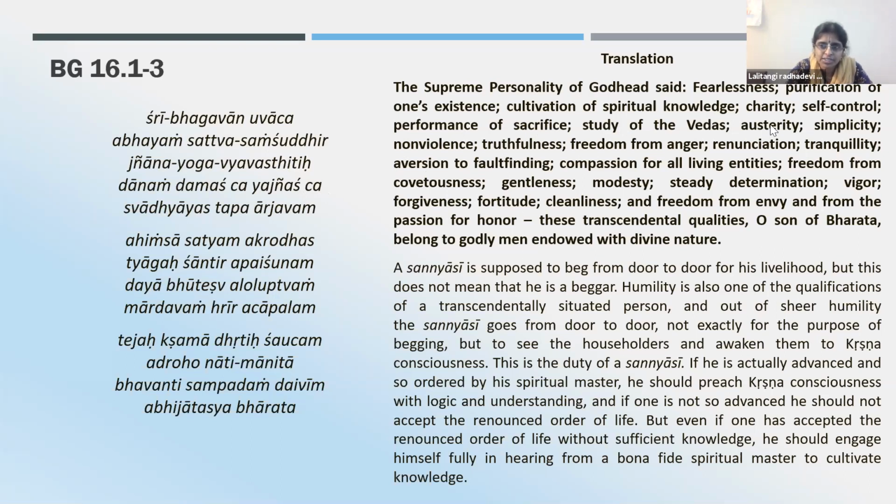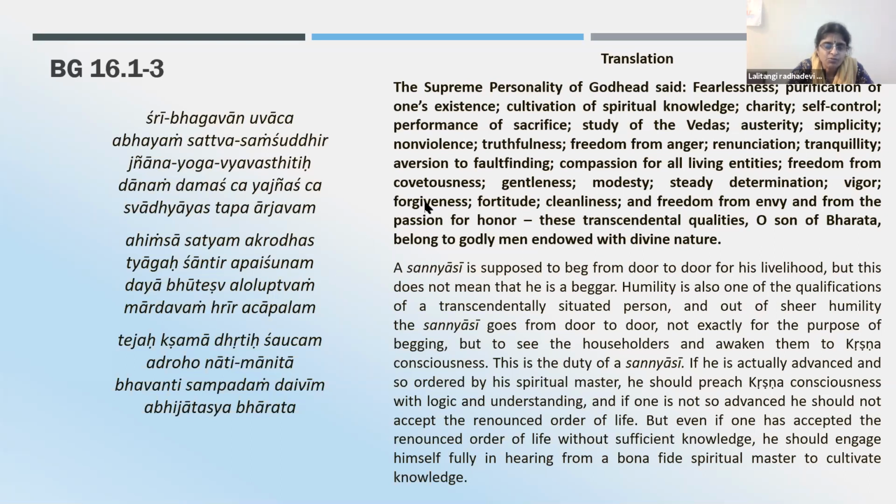Tapa is austerity. Arjavam, simplicity. Ahimsa is non-violence. Satyam, truthfulness. Akrodhas, krodha is anger, so akrodha is freedom from anger. Tyaga, renunciation. Shantir, tranquility.